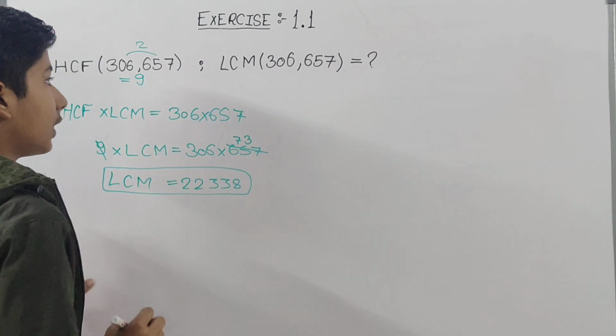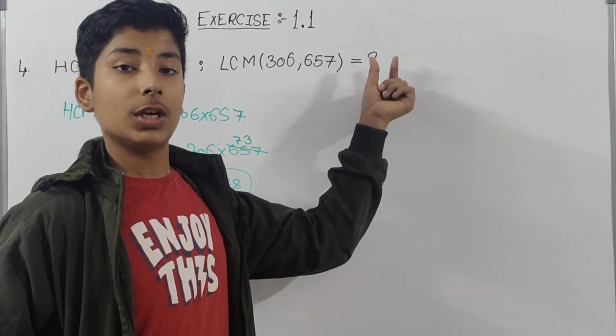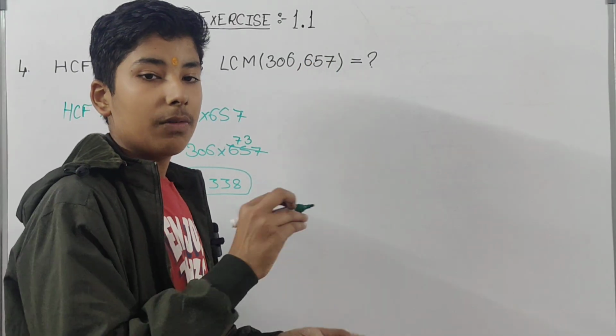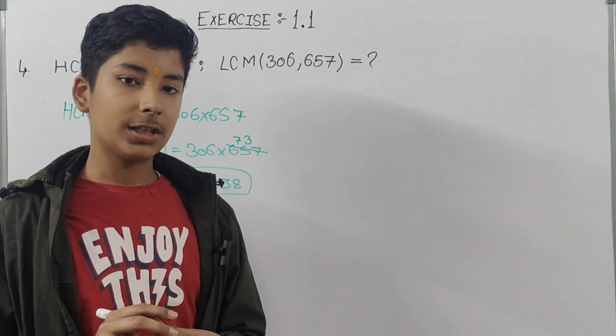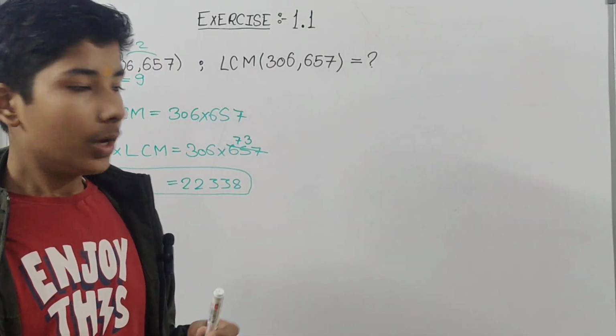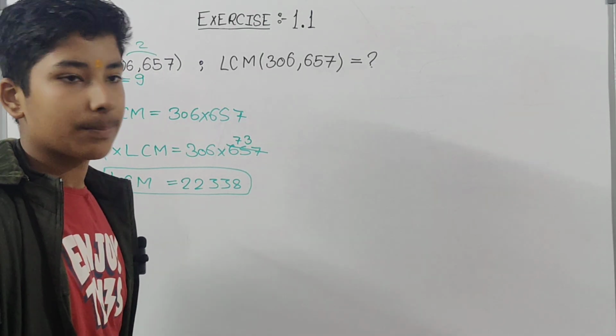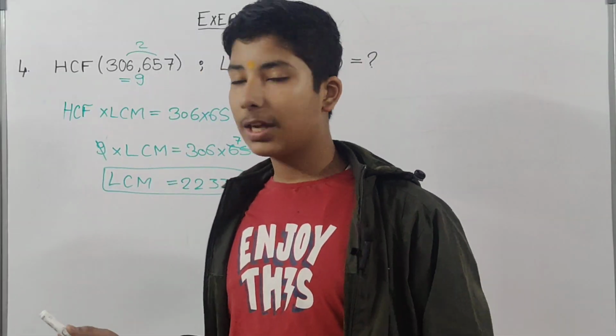Means we have found the LCM without making prime factors and then finding the highest powers. We have solved it with the shortest method possible. I hope this is clear to us.